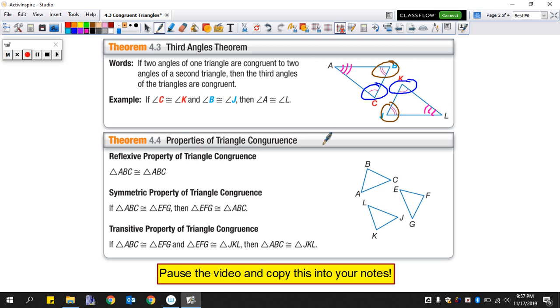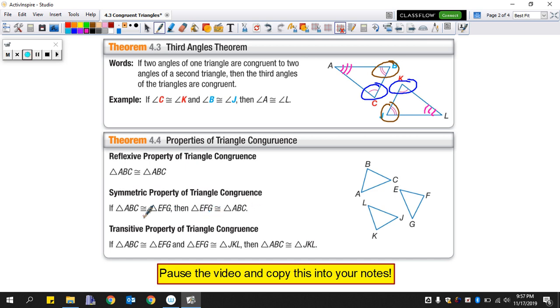All right, the different properties of triangle congruence. The reflexive property of triangle congruence just says that a triangle is congruent to itself. So ABC is congruent to ABC. The symmetric property says that if triangle ABC is congruent to EFG, then EFG is also congruent to ABC.